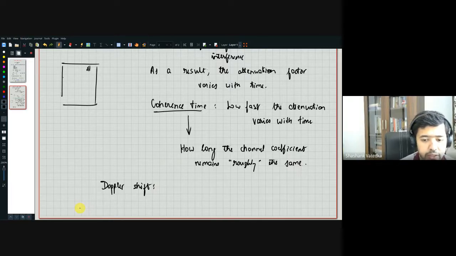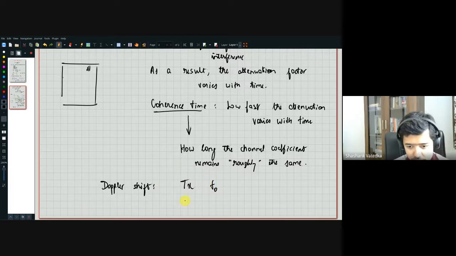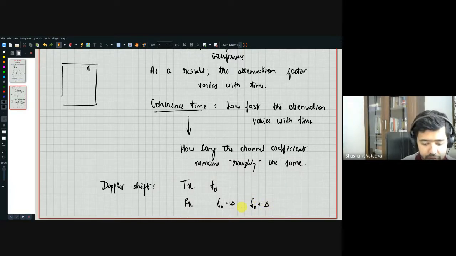So you transmit a signal at perhaps frequency f0, but depending on whether the receiver is moving away from the transmitter or closer to the transmitter, what is received could be at a frequency f0 minus delta, or it could be at a frequency of f0 plus delta, because there is a Doppler shift.